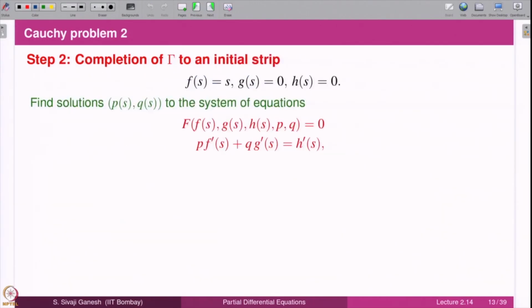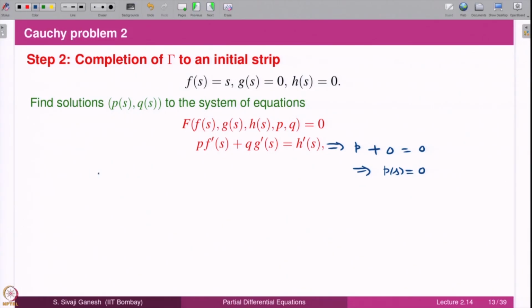Now, completion of gamma to an initial strip. As before, this equation gives us p f'(s) = 1, plus q g'(s) = 0, equal to h'(s) = 0. So, that gives us straight away p(s) = 0. Once p(s) is 0, we have to substitute in the equation and get the equation for q.